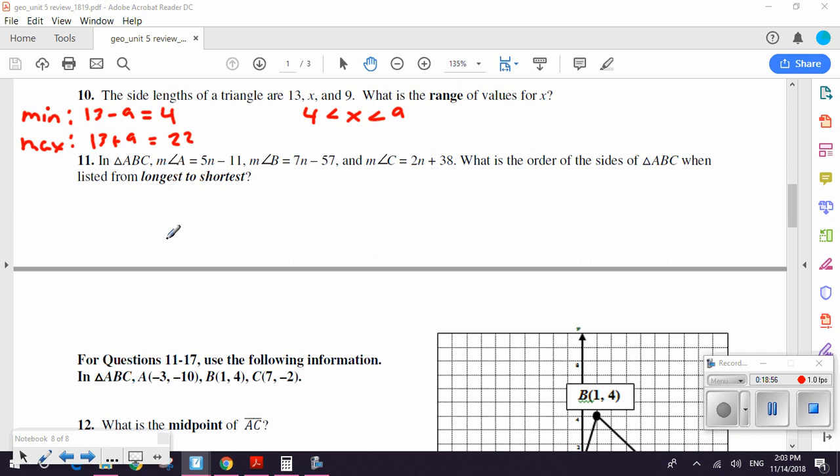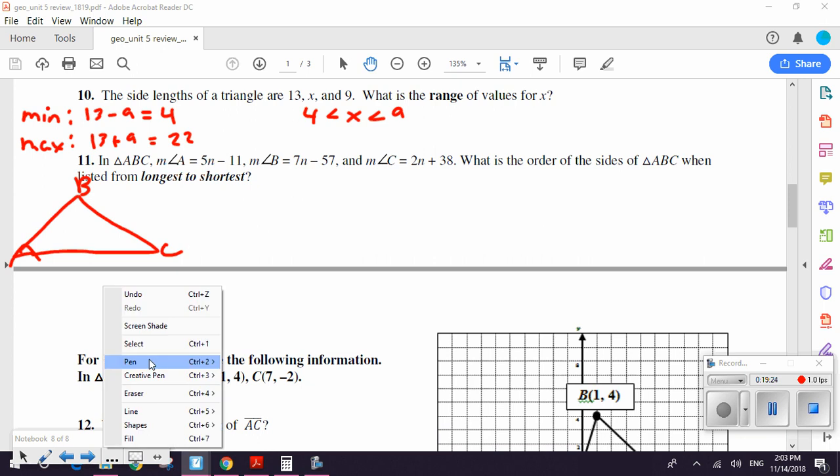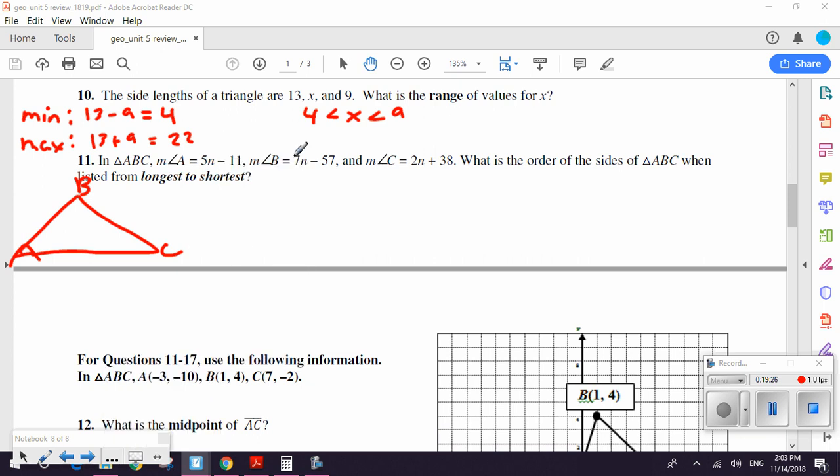Number 11 says, in triangle ABC, the measure of angle A is 5n minus 11. The measure of angle B is 7n minus 57. The measure of angle C, 2n plus 38. What is the order of the sides of triangle ABC when listed from longest to shortest? So you probably want to draw a triangle and label your vertices A, B, and C. Then you might want to label the information that's given.